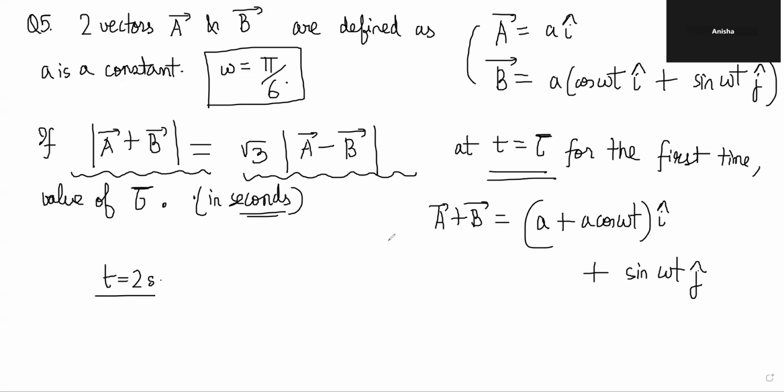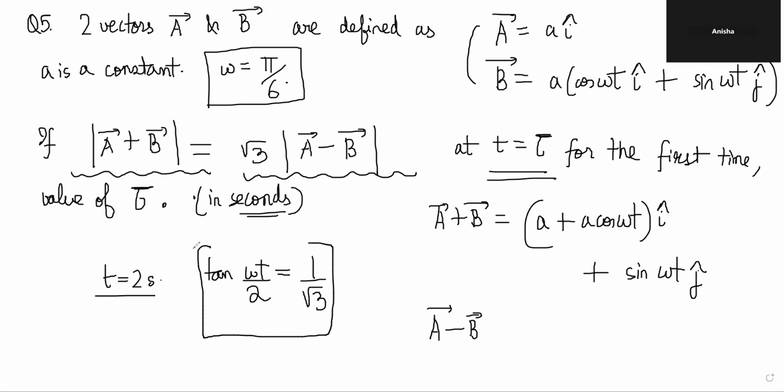If you do the mods properly, a plus b and a minus b, automatically you'll get a trigonometric equation, right? You should get something like tan of omega t by 2 is equal to 1 by root 3, correct? And after that, you just find omega t. The first time is when this happens, right? Yes, sir.